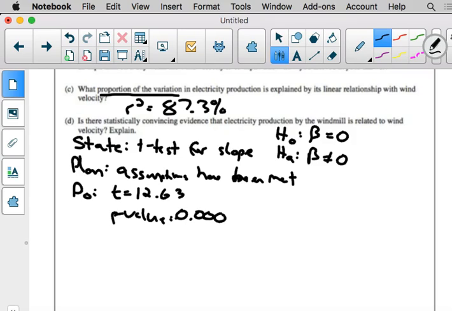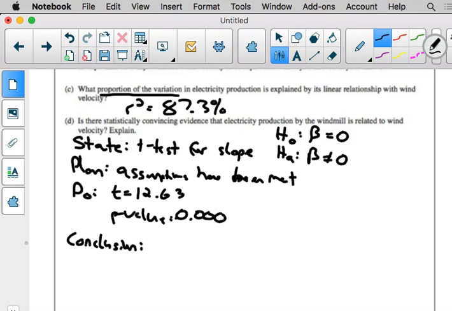So in our conclusion, because our p-value is so small, we do reject the null. In rejecting the null, it does mean that there's evidence that electricity production by the windmill is related to wind velocity. I'm not going to write all that down, but I'm going to repeat it one more time so you can write it down.